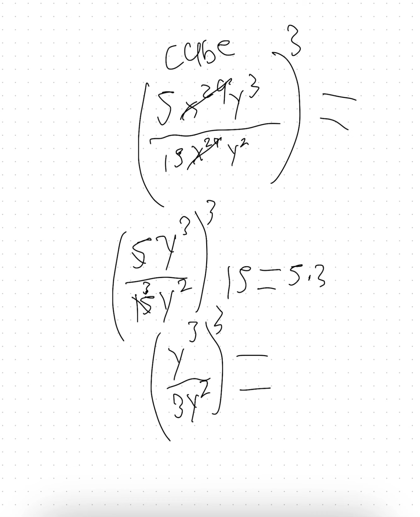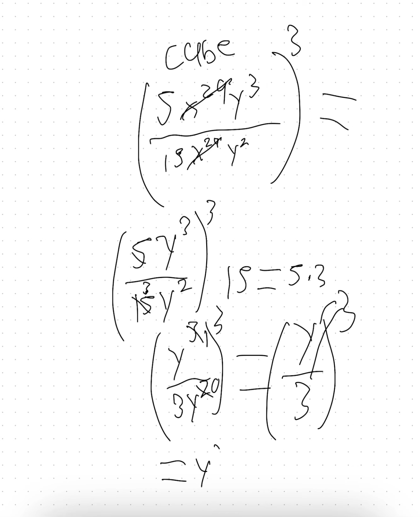And this equals, what does that equal? Well, y cubed divided by y squared is just y, right? Because we're subtracting the exponents. Y to the 1st, which is also y. So that's y over 3, and that's raised to the 3rd power. And then with our laws of exponents, that fraction rule, we can just drag that power in there, okay?